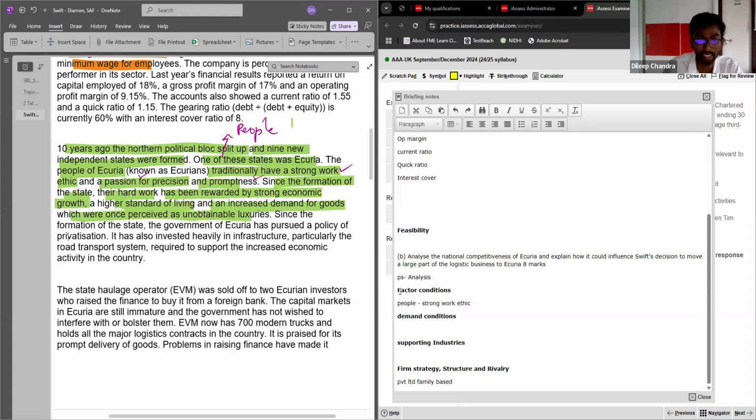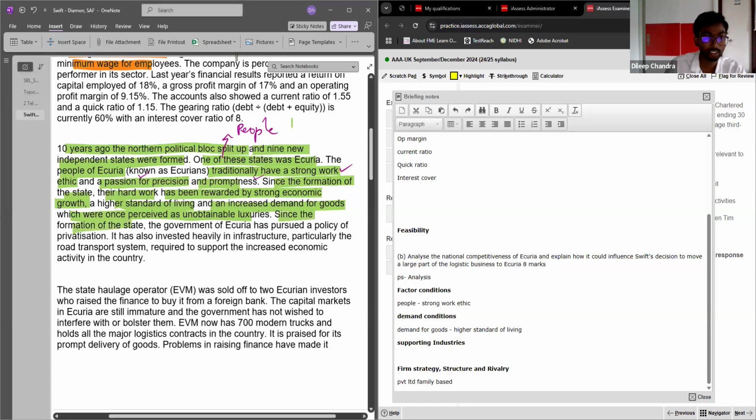So we are talking about demand conditions. So there is strong demand. Demand for goods is there. Higher standard of living.